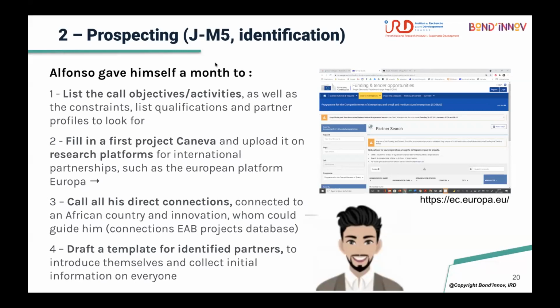We can also look to our cards we collected during conferences and so on. So the second thing that Alfonso did is to call his direct connections. As I said, we have the second point talking about the Europa platform, but we can also use our contact list to look for relevant partners.